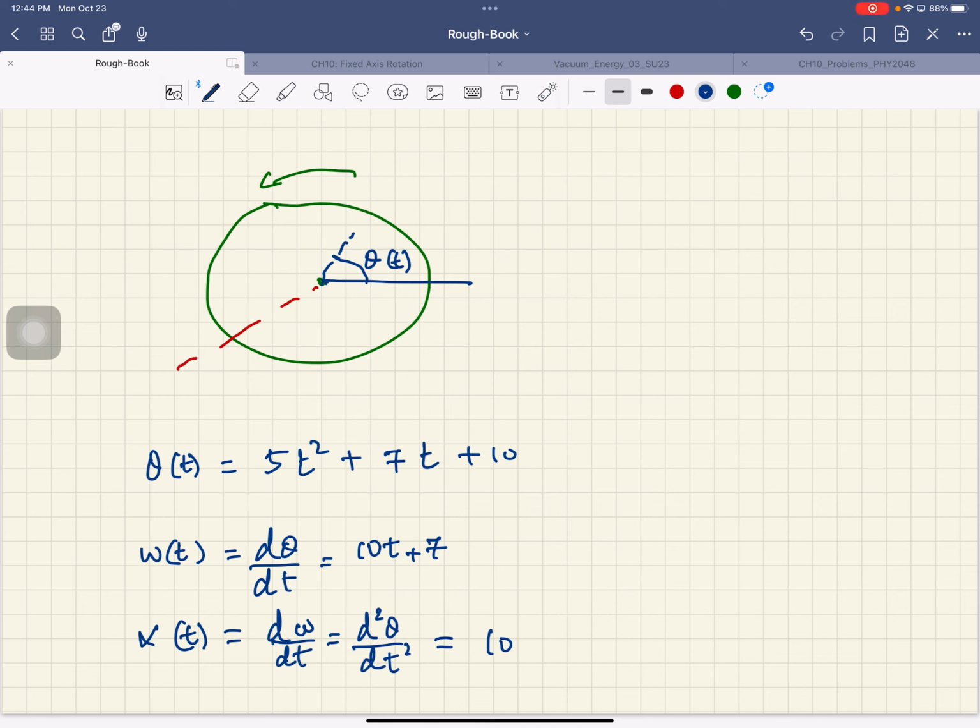And this would be radians per second squared. That would be the SI units. Radians per second and radians.